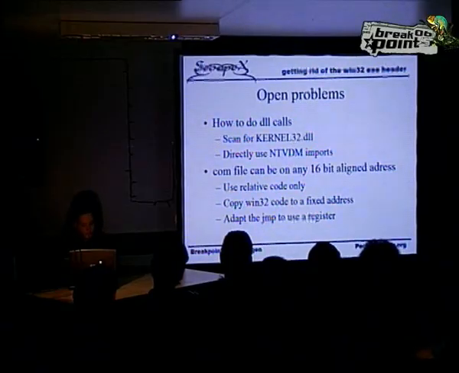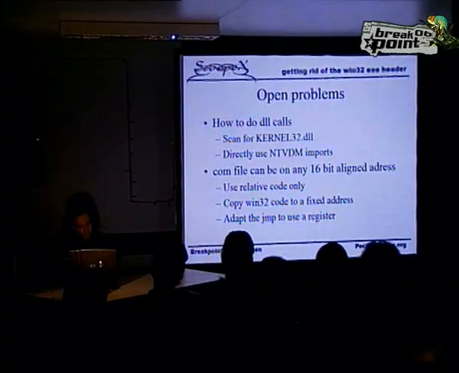Well, so to work around this, you can either use relative code, which I would not do, and it is really, with the Intel instruction set, this is really hard to some extent. You could copy the 32-bit part to a fixed address, which is basically what I use most of the time.